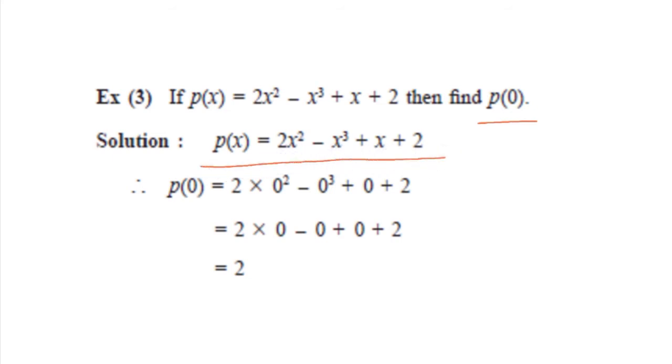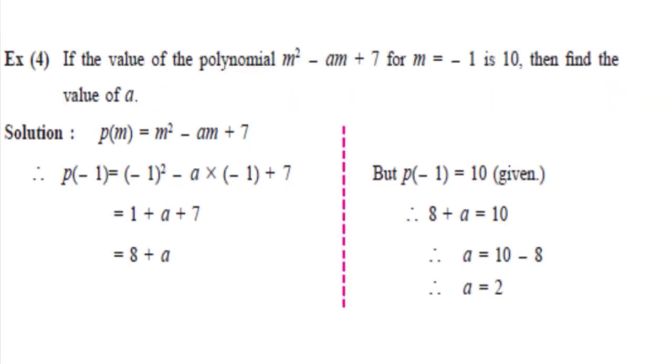But p(0) is equal to 2 into 0 square minus 0 cube plus 0 plus 2. 0 square is 0, minus 0 cube is also 0, plus 0 plus 2. 2 into 0 is 0. Means the answer is 2. Means the value of this polynomial if x is equal to 0 is 2. Means p(0) is equal to 2.